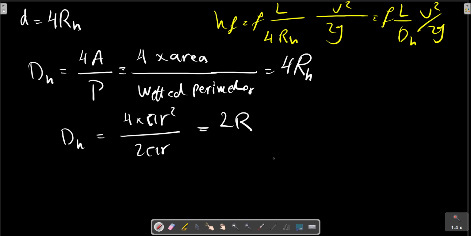We correlate with the Reynolds number and roughness ratio based on hydraulic diameter. We can write the function of friction factor as a function of Reynolds number and epsilon on D_H.